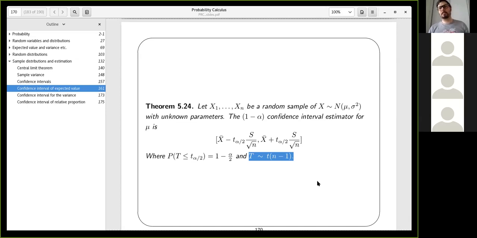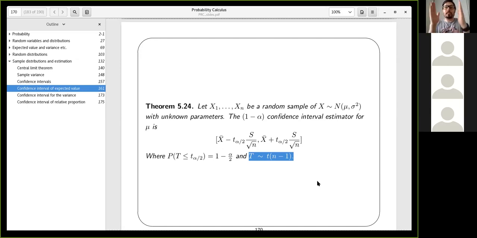So understand this: if you calculate the estimator knowing one parameter, in this case the variance, then you get a tighter estimator. And if you don't know the variance and you're using the sample variance, which is a random thing, then you have a wider estimator. This is the thing that you need to understand here.